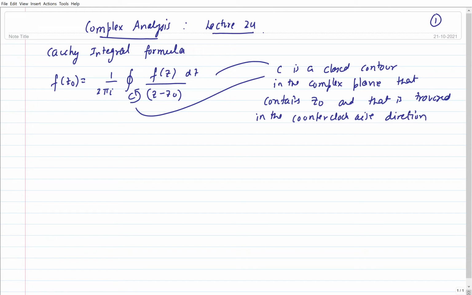And of course, we assume that the function f is analytic at all points in the region.